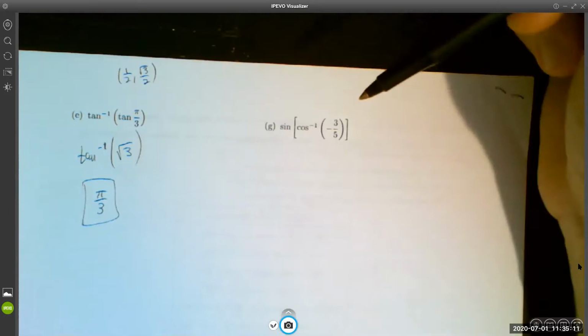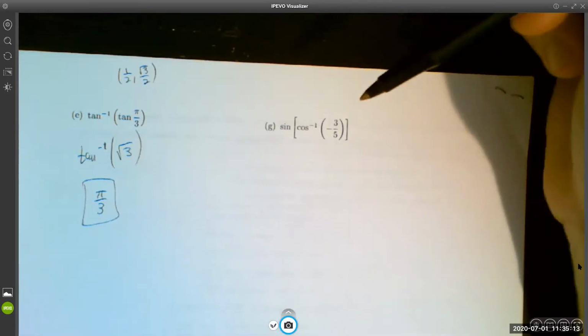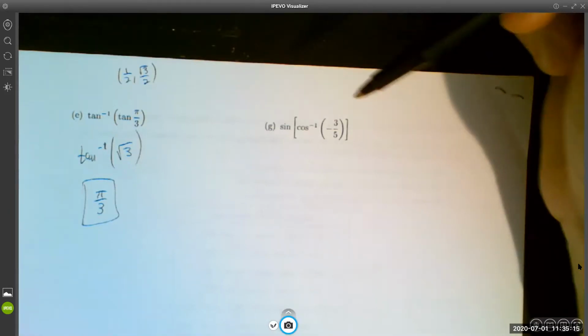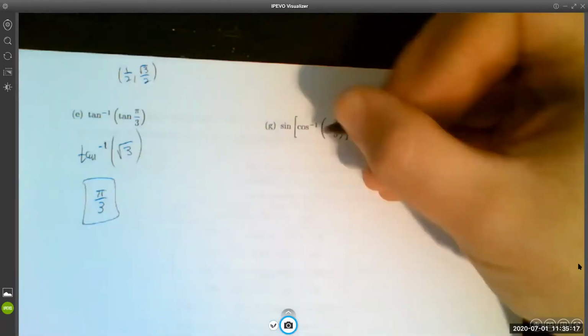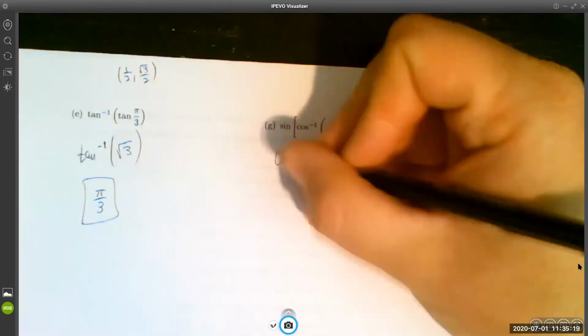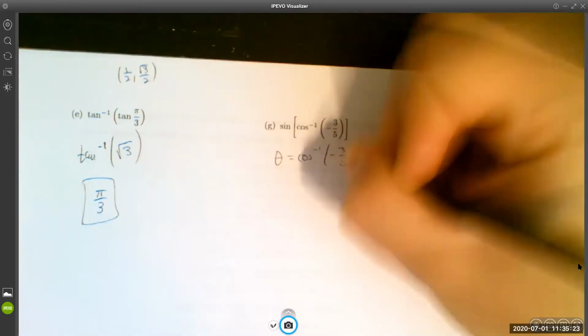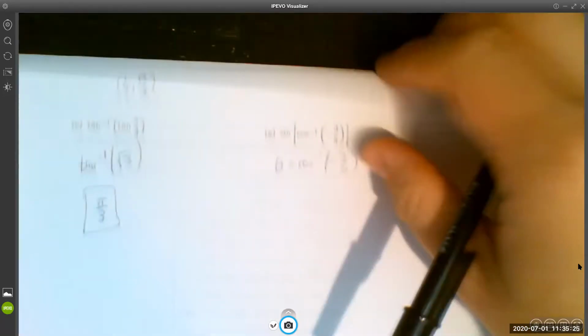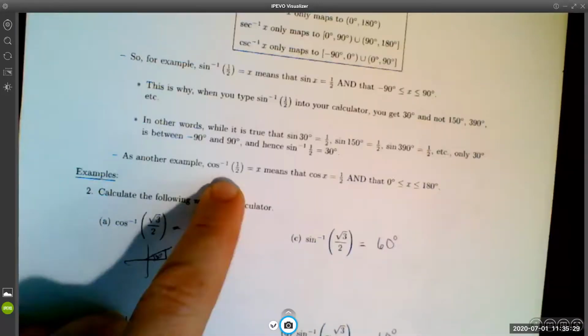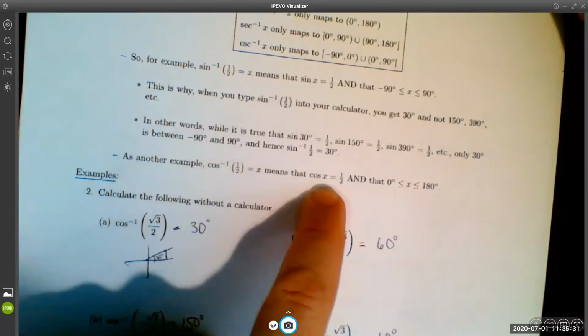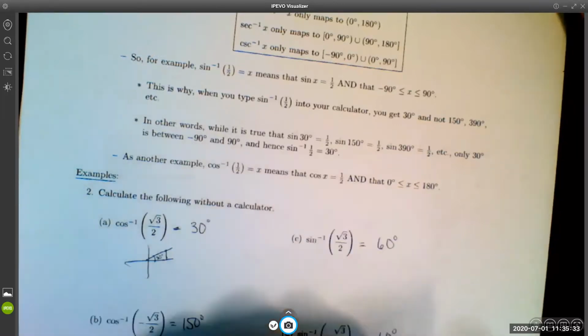So this is where it really comes in handy, I think, to say we'll say that theta equals cosine inverse of negative 3/5. Now, what does that mean? From the previous page, we talked about what that meant. We said cosine inverse of 1/2 equals x means that cosine x is 1/2 and that x is between 0 and 180.